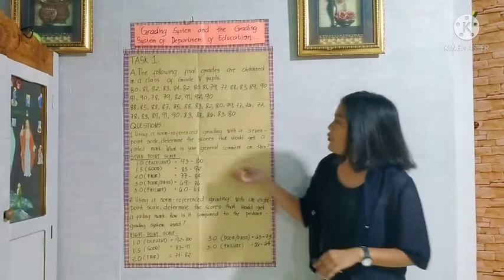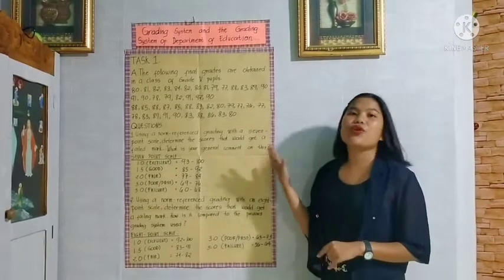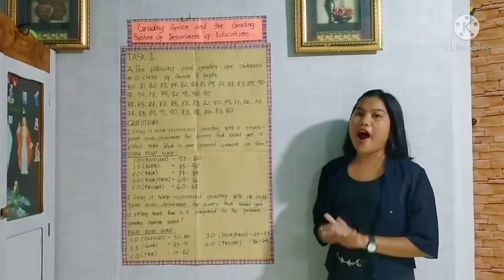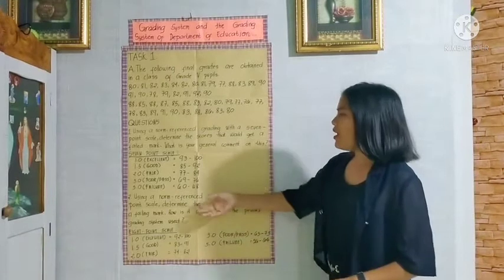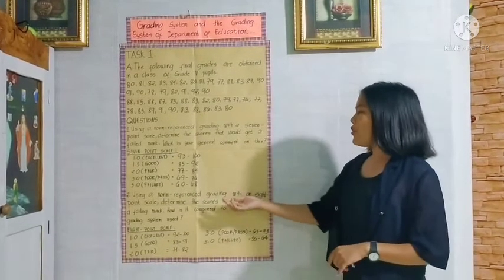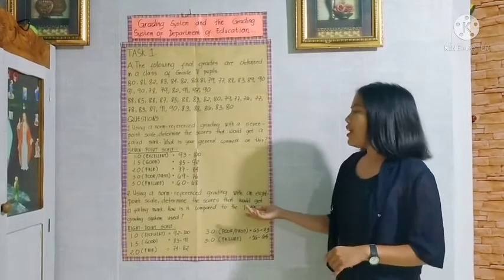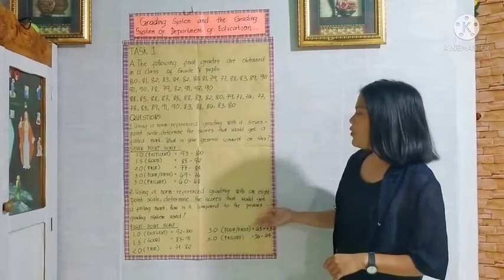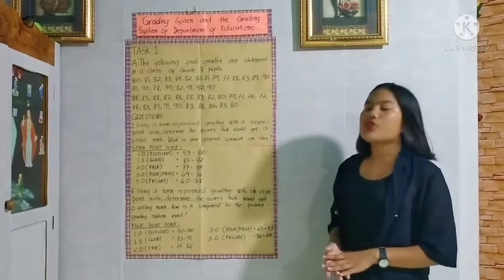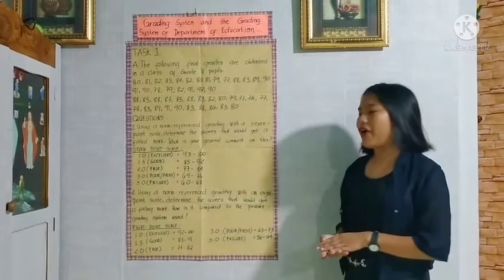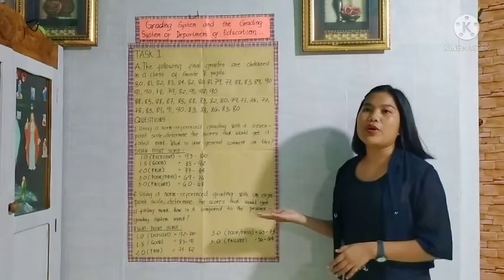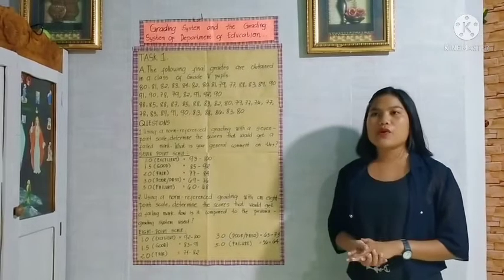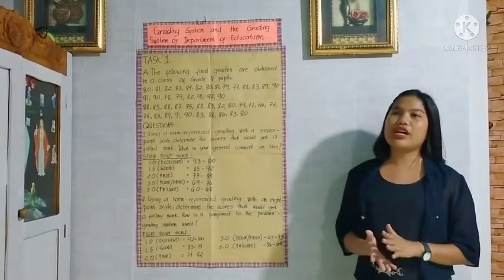Now, if we ask whether there are students who failed, none of the students failed and all the students passed. Number 2, using a norm-reference grading with an 8-point scale, determine the scores that would get a failing mark. How is it compared to the previous grading system used? Let us first identify what the 8-point scale is. It is one of the 3 most common grading scales used at educational institutions.